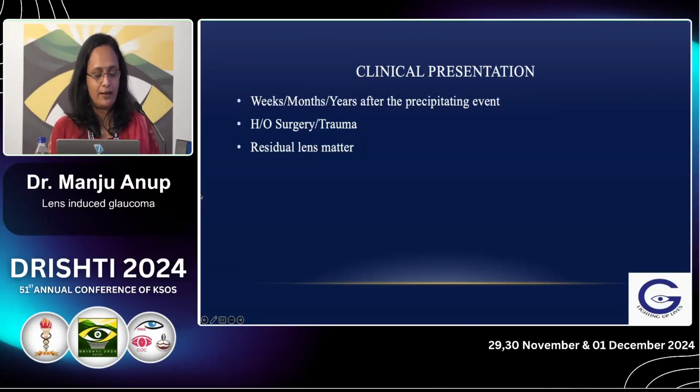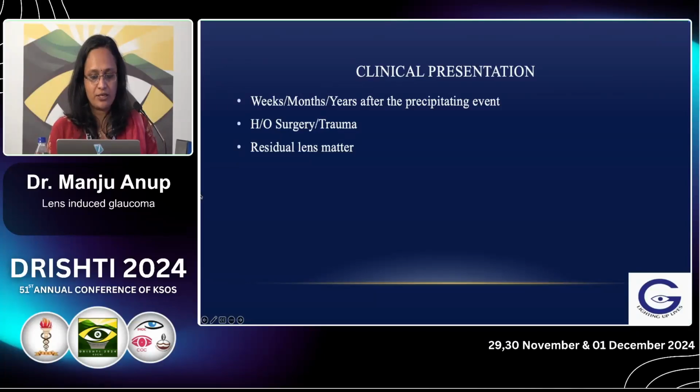The patient may present weeks, months or years after the precipitating event, and will give a history of surgery or trauma. The patient will present almost the same as in phacolytic glaucoma, with acute pain, diminution of vision, and redness.